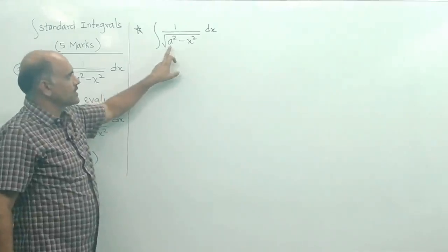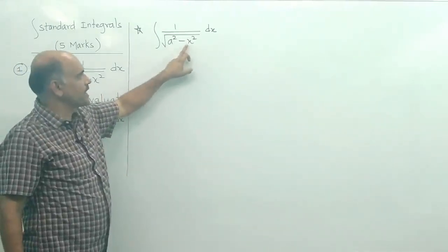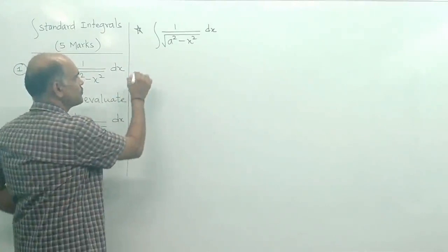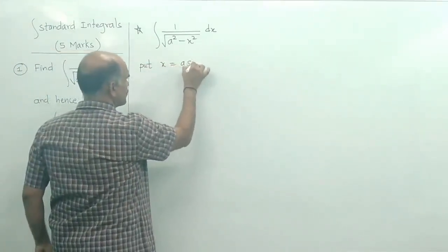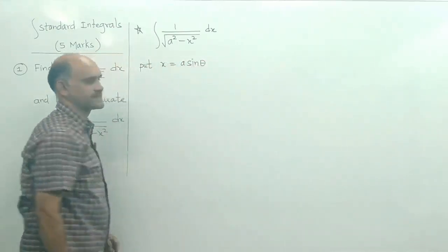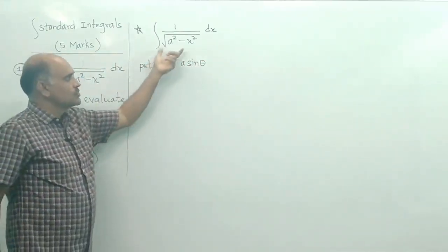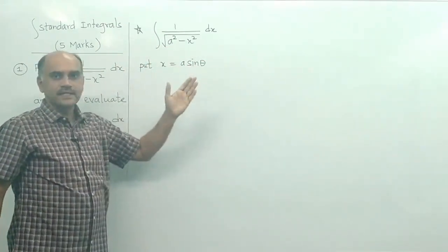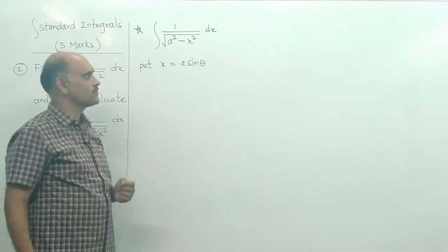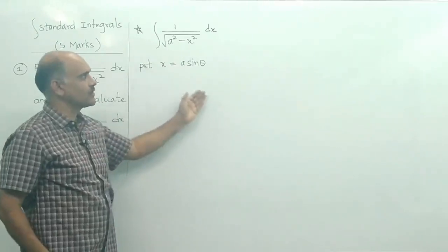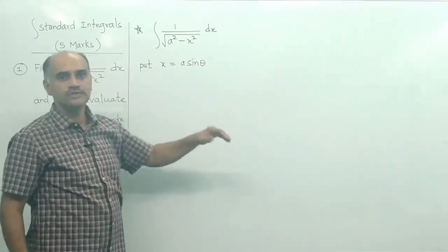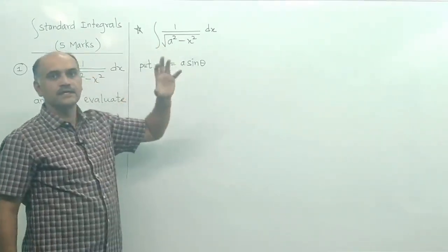So in a root, when there is a square minus x square, put x is equal to a sin theta. If you do not know these hints, in the description box I have given a link of differentiation where I have explained all the hints, what to substitute when there is a root and all.